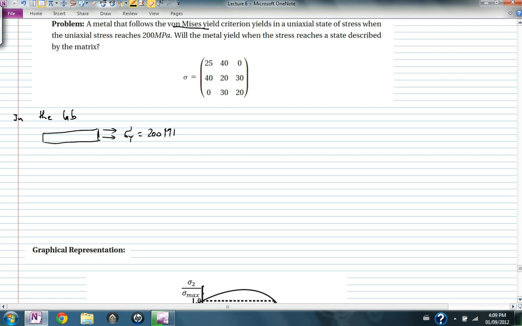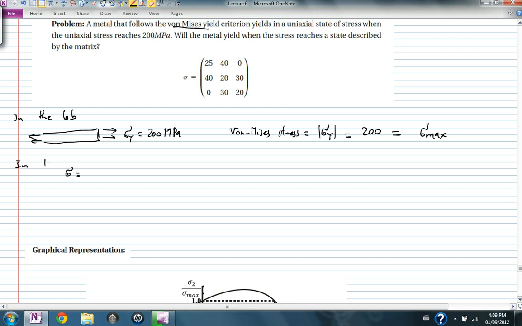That's when the material started to show signs of failure. In this case, the von Mises stress, which is equal to the absolute value of sigma y, will be equal to 200. From this, I can calibrate my material, and this is equal to my sigma max.